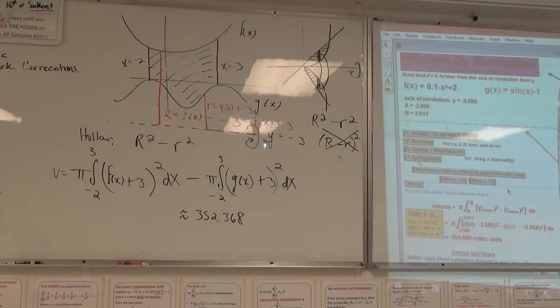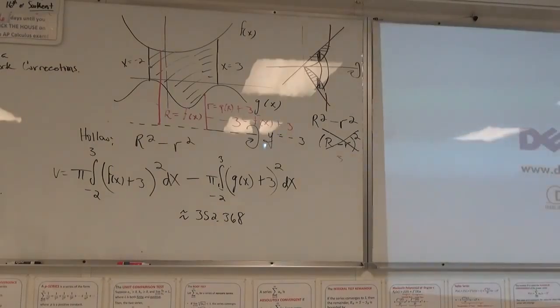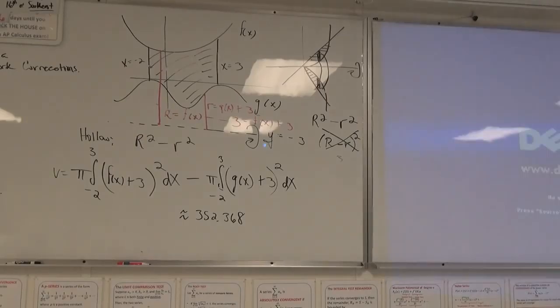The way that you find points of intersection is normally you set the two equations equal to each other, and then do some algebra.